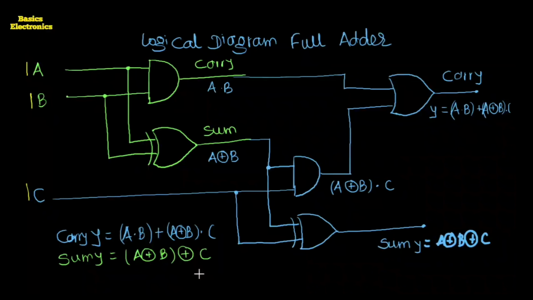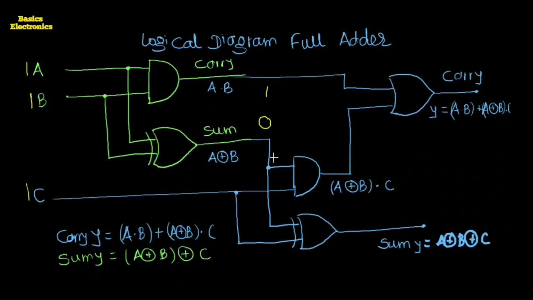All inputs are high. Now the inputs to the first half adder are 1 and 1. The carry is equal to 1. The sum is equal to 0. Then the third input, C, is applied to the second half adder, and along with the C input, the A XOR B, which is equal to 0, is applied to the second half adder.